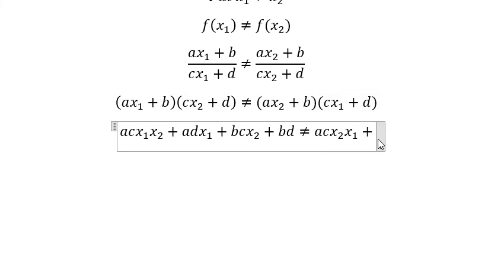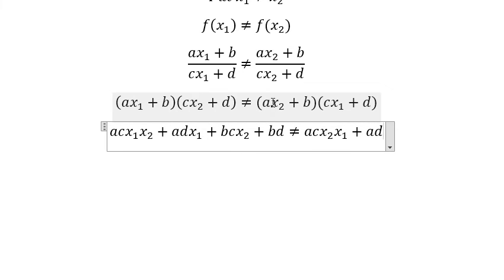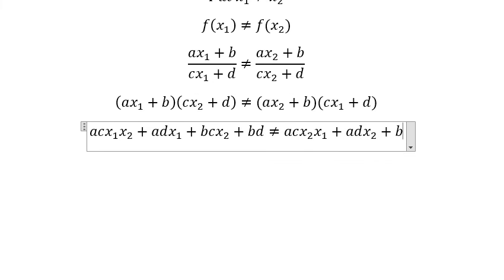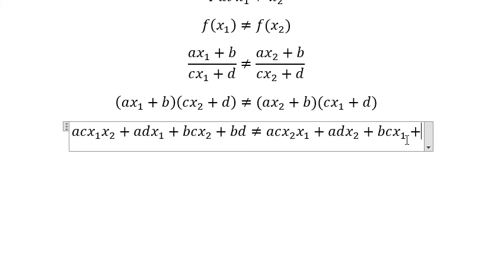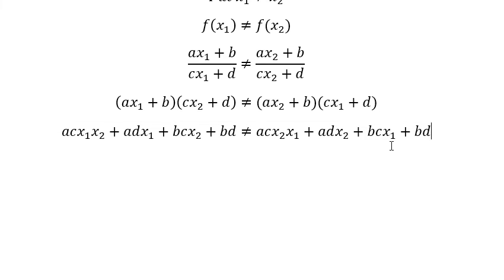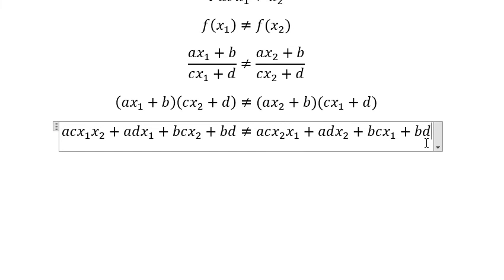As2 with d, so we have ads2. Later, we have bcs1. And we have bd. Now we need to simplify this one and this one for both sides, bd and bd.